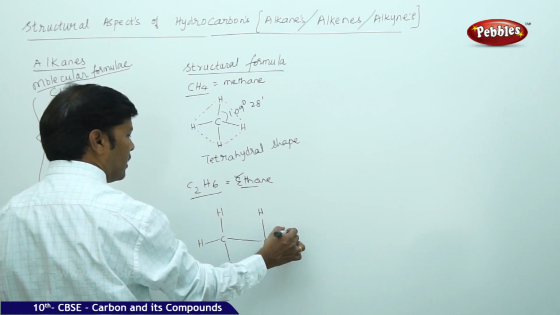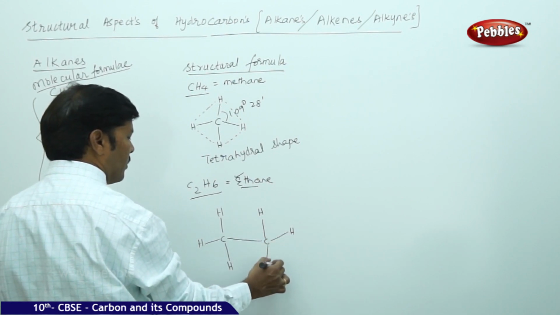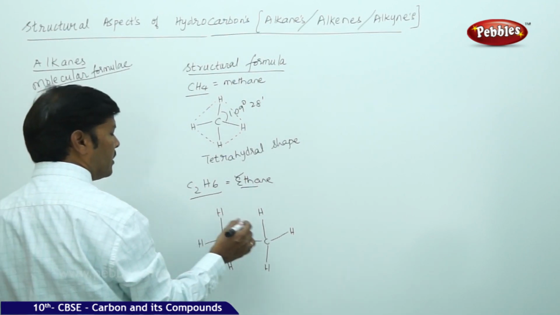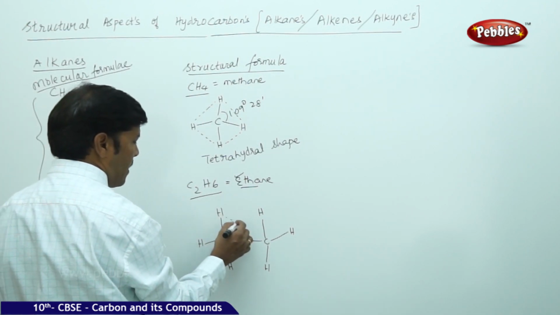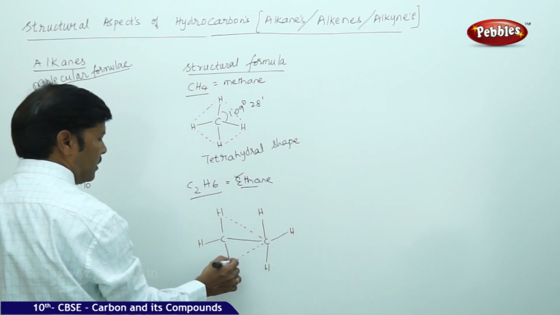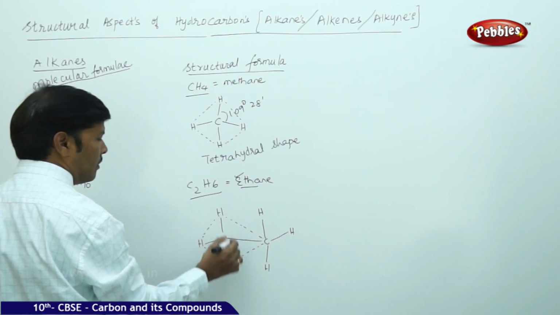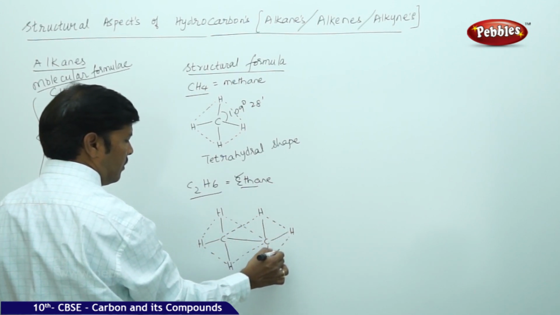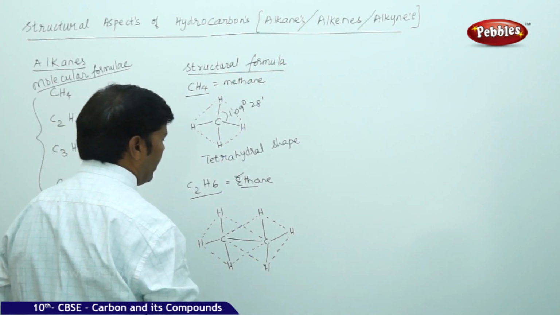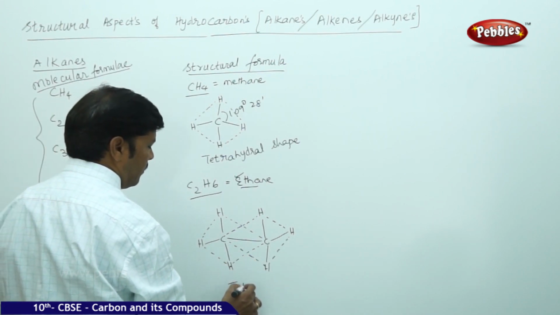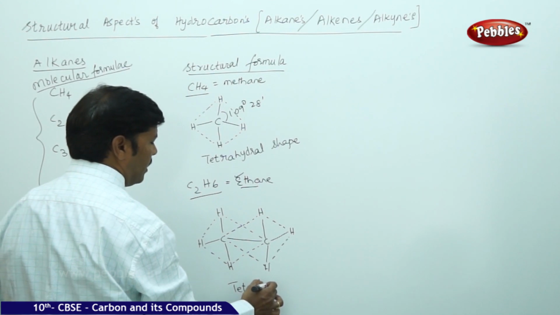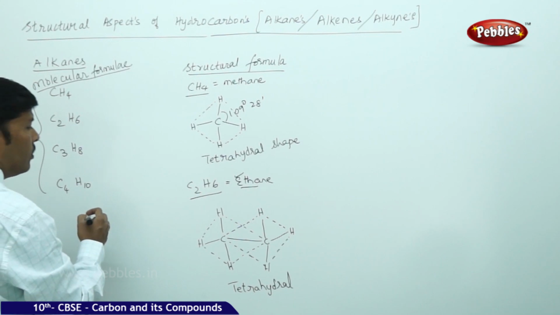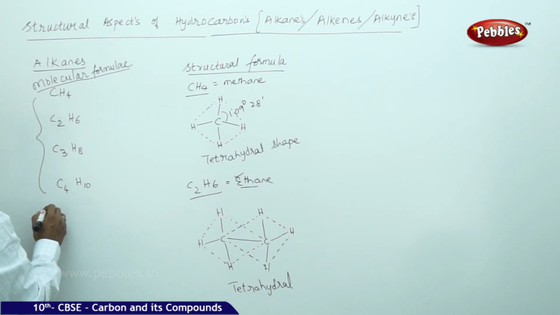So you find that there are 6 hydrogens with 2 carbons. Each carbon is again tetravalent, and its shape is tetrahedral.